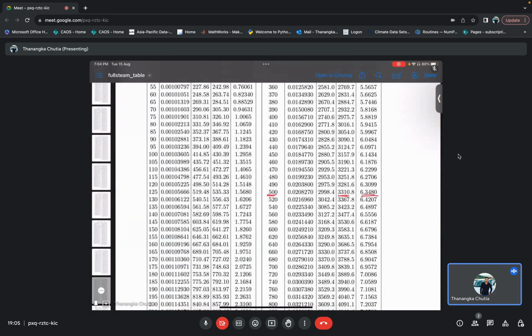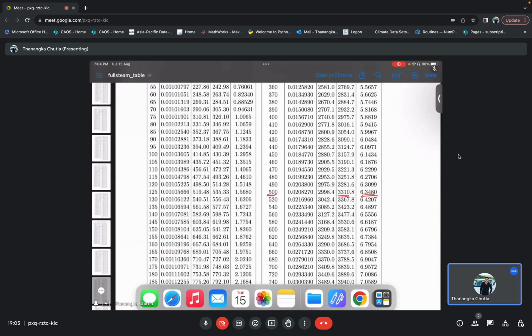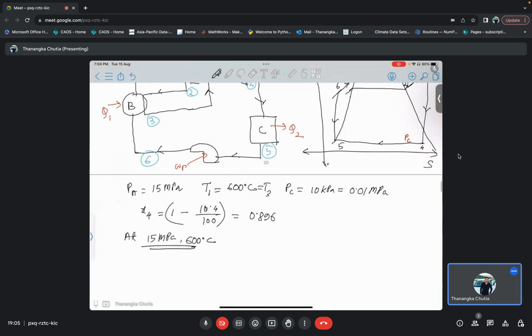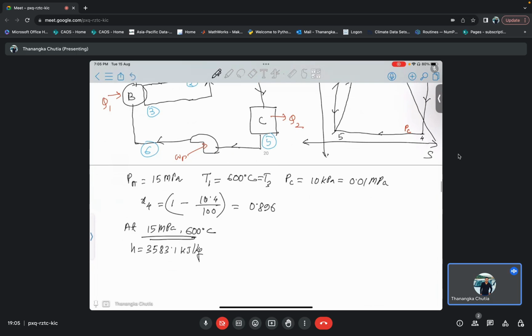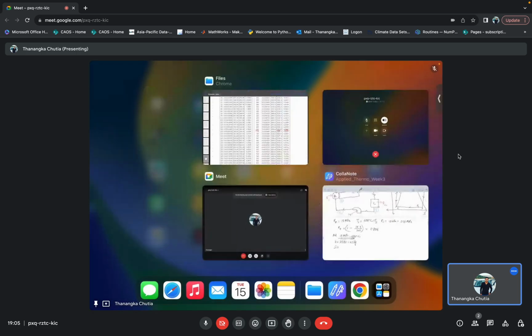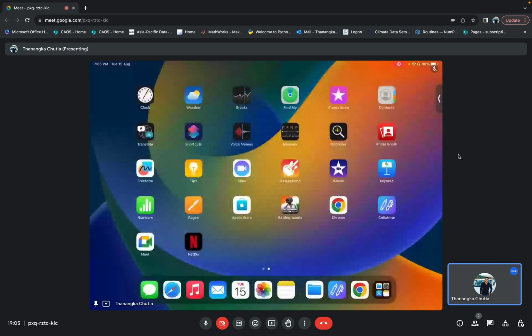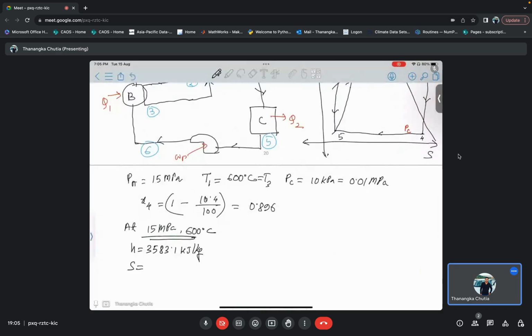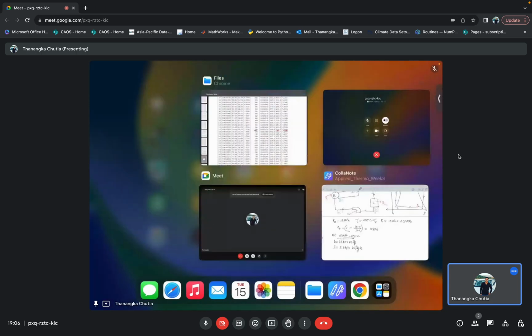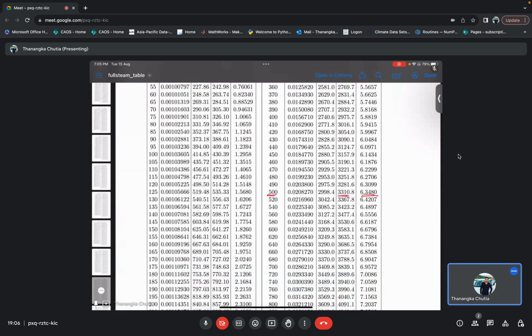Your H value is 3583.1 kilojoule per kg, and your S value is, no, it is 6.6796.